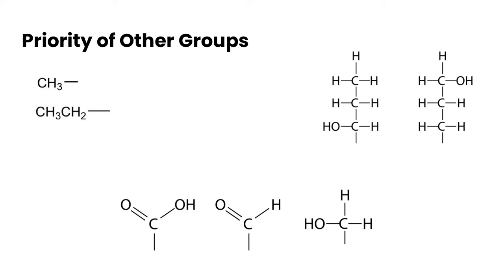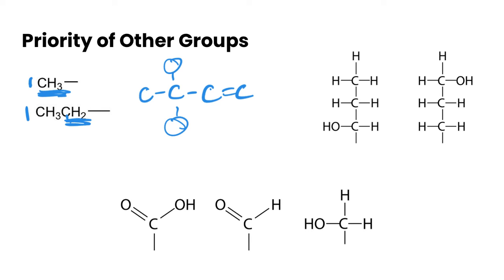So for example, if we were trying to decide between a methyl and an ethyl group, if we look at what's attached to the carbon-carbon double bond, we would have a carbon attached in either case. So these could be 3 hydrogens, or in the ethyl group, it would be another carbon attached with 3 other hydrogens.